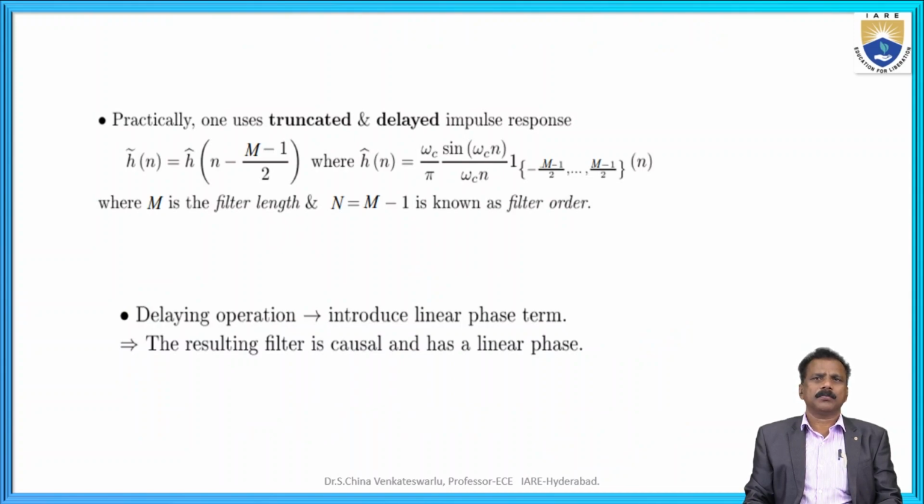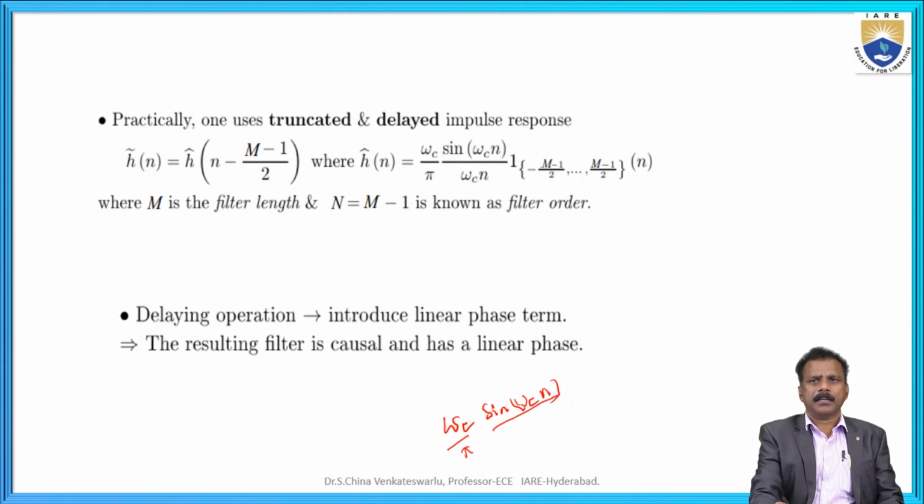Practically, one uses the truncated and delayed impulse response, h[n] equal to h approximation of n minus (M minus 1) by 2, where h approximation of n is sine of omega c n divided by n pi.